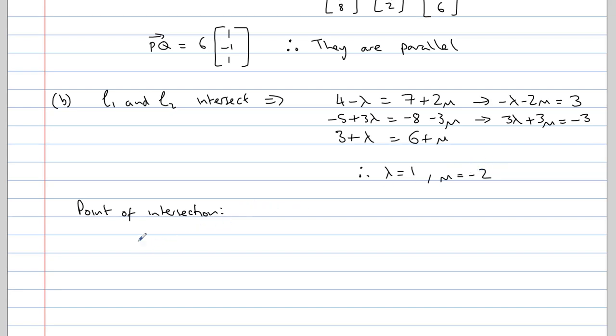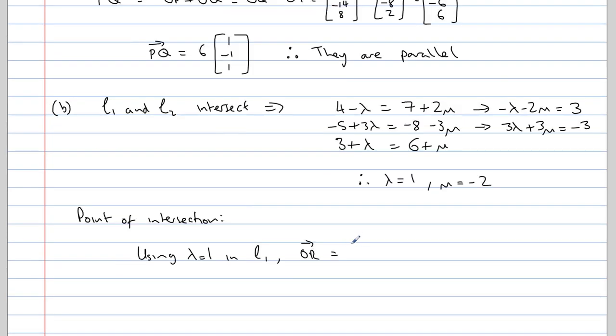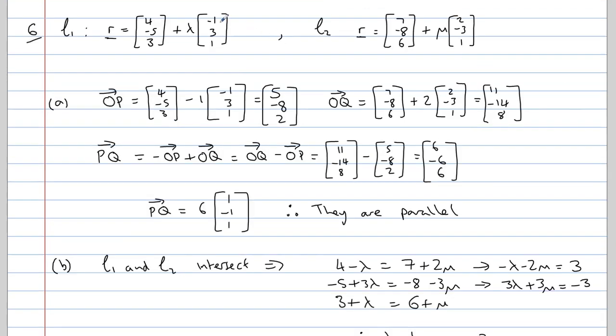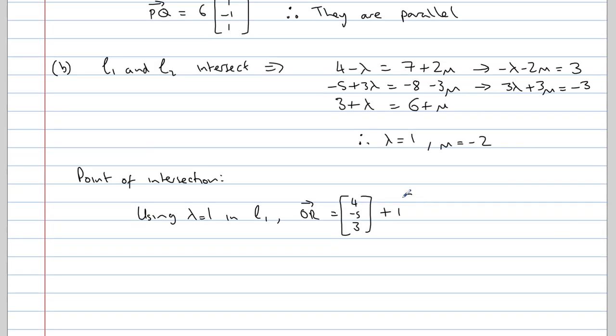I'm going to use lambda equals 1, and that's going to give me OR equals (4, -5, 3) plus 1 lot of (-1, 3, 1). 4 minus 1 is 3, -5 plus 3 is -2, and 3 plus 1 is 4. So the coordinates of R are 3, -2, 4.